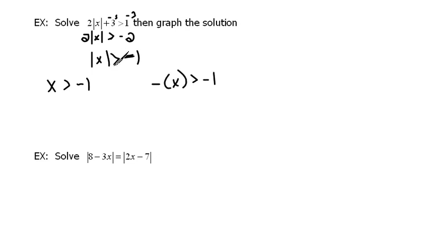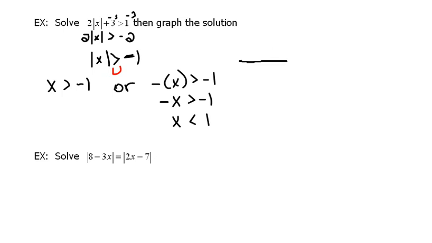Now, because this is greater, this is an or statement, or another way of looking at it would be a union. You're joining these things together. So our first part is done, but for our second part, negative x greater than negative 1, we need to divide both sides by negative 1 in order to get x alone. So x would be less than positive 1.